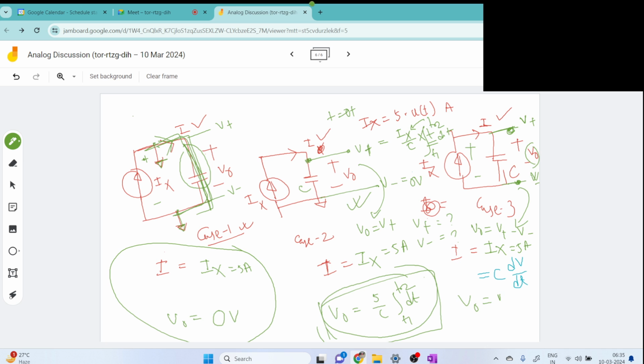So V out will be nothing but V plus minus V minus, and this will be nothing but 5 by C, the integration from T1 to T2 of dt. This is clear, right? Write down the V out properly, V plus minus V minus, for the third case.